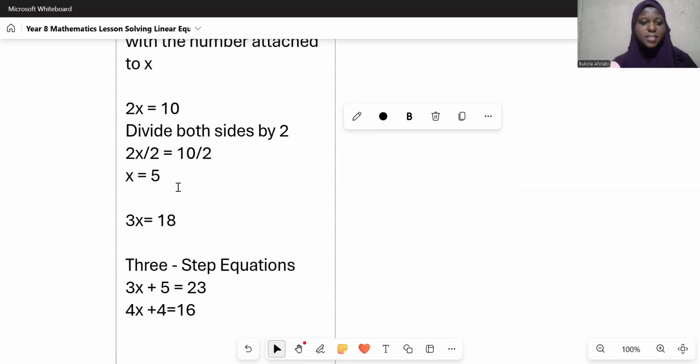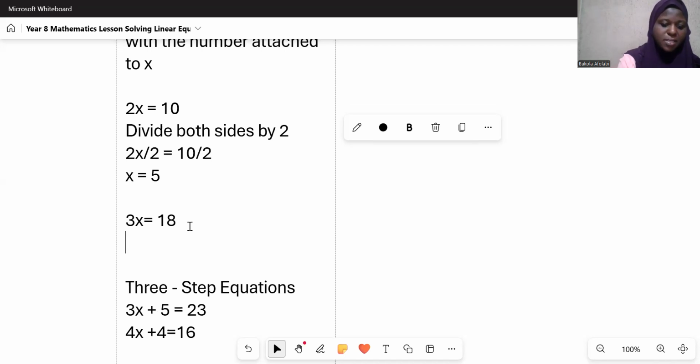3X equals 18. Like we said earlier, we will divide by whatever number is attached to X. So from this equation, we divide both sides by 3.